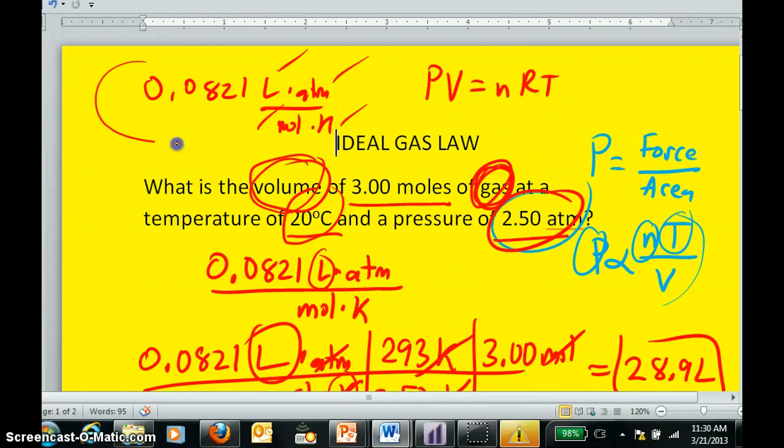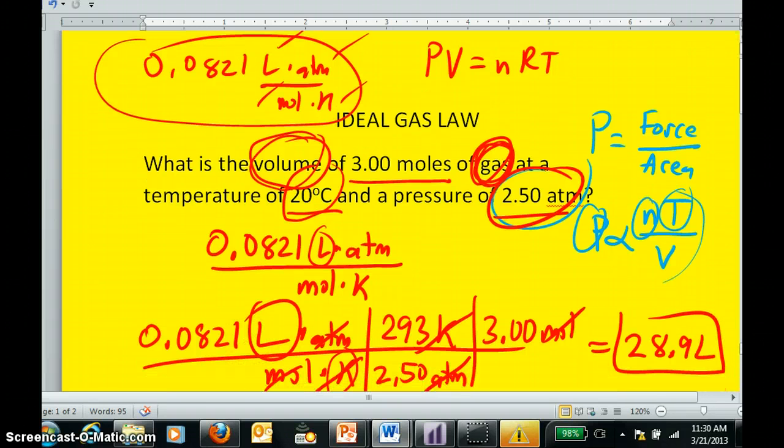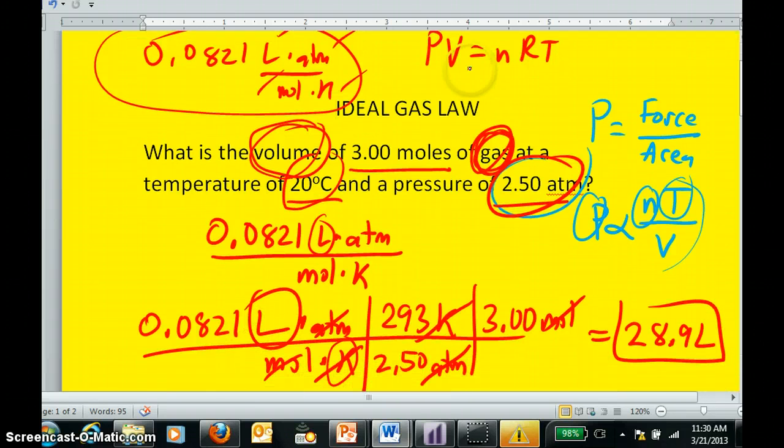But by doing it this way, by using just the constant and starting with the answer, you won't accidentally try to plug in a pressure that isn't atmospheres or millimeters of mercury, or a volume that isn't liters, or a temperature that isn't kelvins, because the gas law units wouldn't allow any of those other units besides the ones needed. So therefore, I recommend this method.